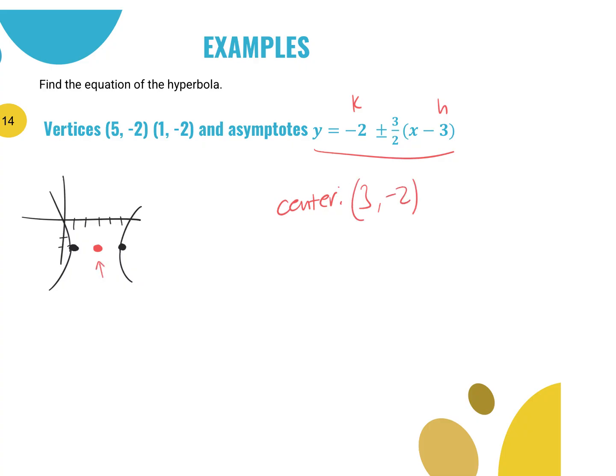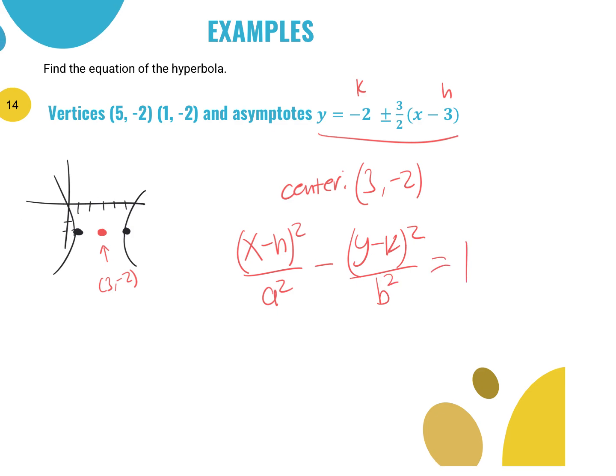So that center right there is 3, negative 2. All right? And that would make this an x minus h squared over a squared minus y minus k squared over b squared equals 1. And then we can go ahead and plug in our information, right? I already know that h and k are going to be 3 and negative 2, respectively, right? So x minus 3 and y plus 2 squared.